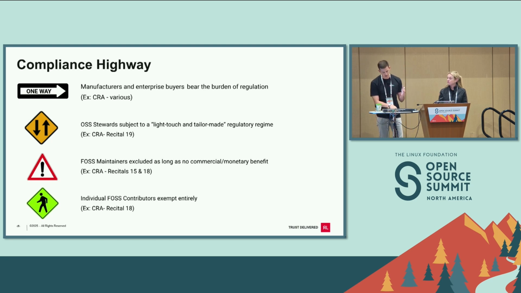For open source stewards in the room, although you haven't historically been overseen by regulatory oversight bodies, we now have a new regime in the way of the CRA through the European Commission that does levy requirements against you. That being said, they are what we're calling light touch and tailor-made. We'll talk about what that actually means on the next slide.